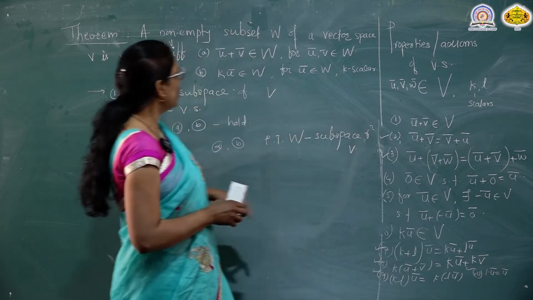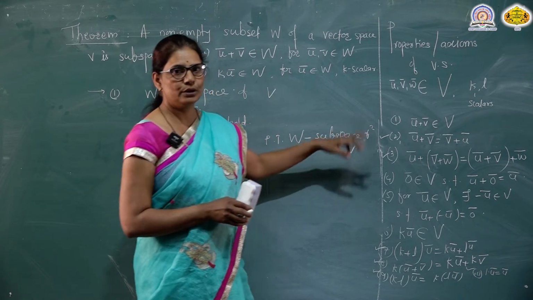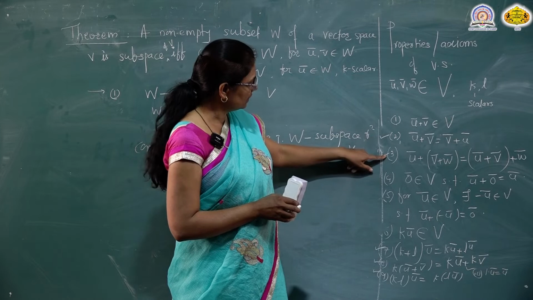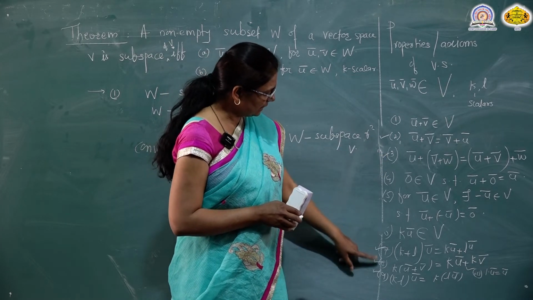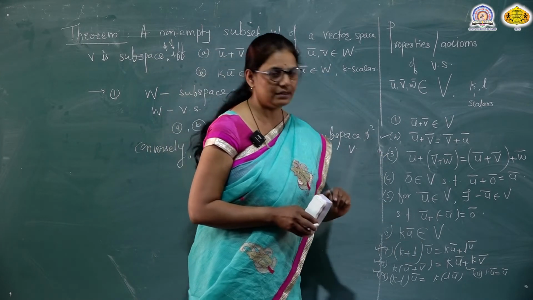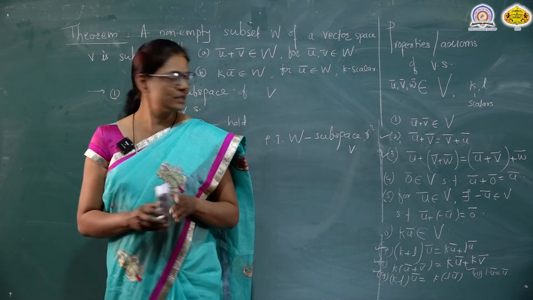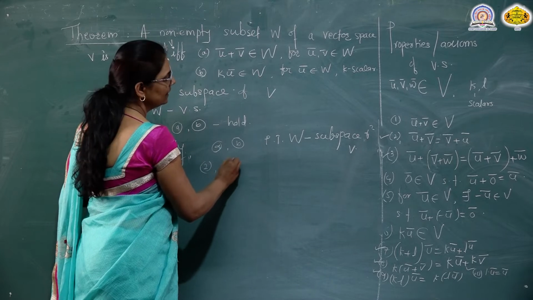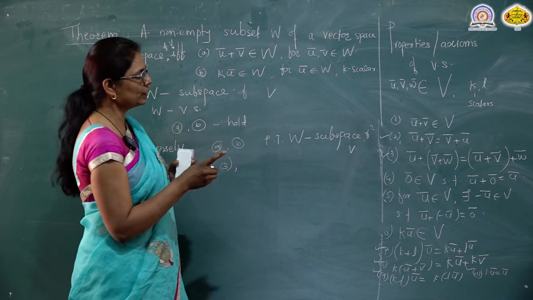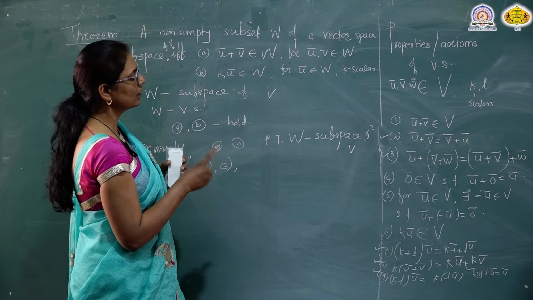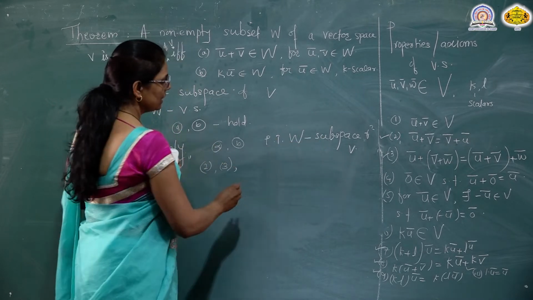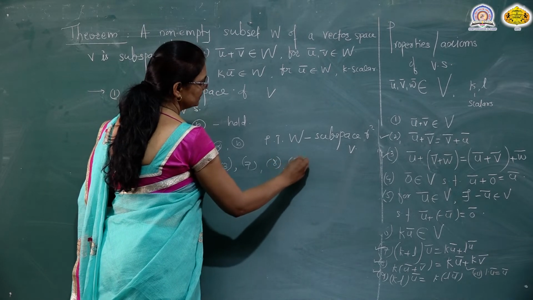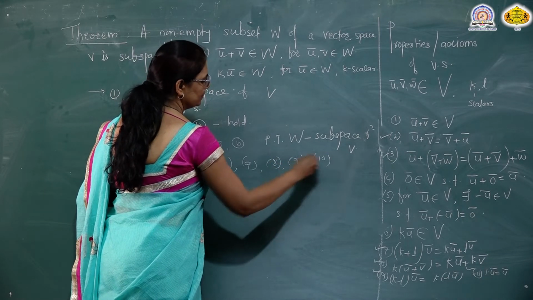Okay. So among these 10 axioms, I already told you about the 2nd, 3rd, then 7th, 8th, 9th and 10th axioms, that is commutative property for addition, associative property for addition, and the others.